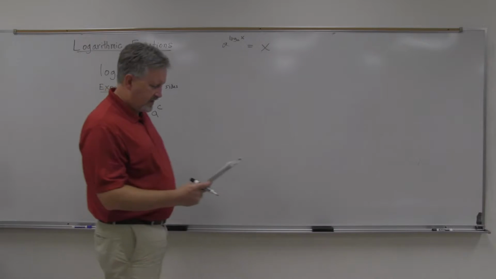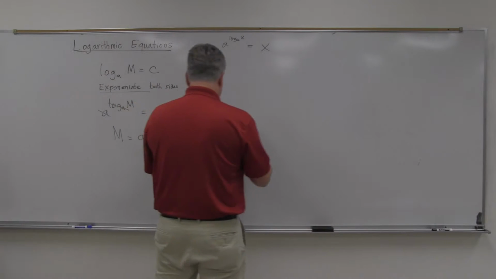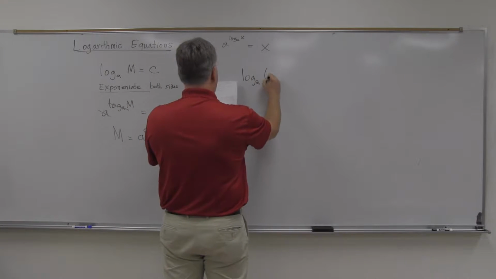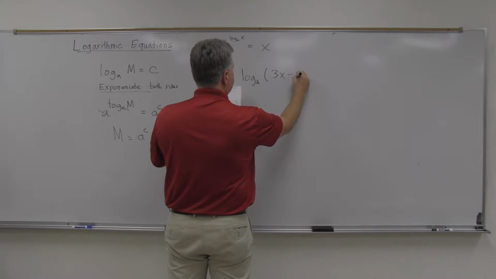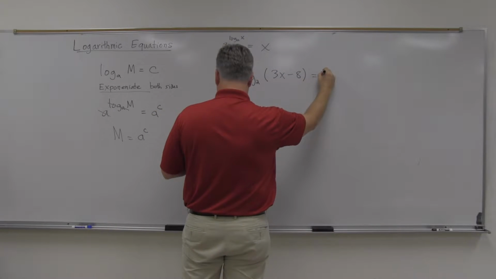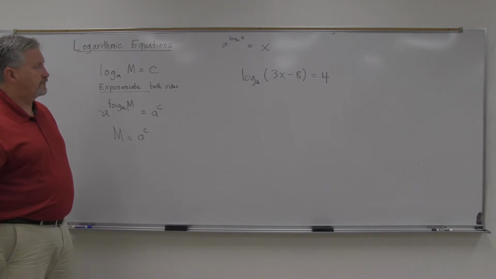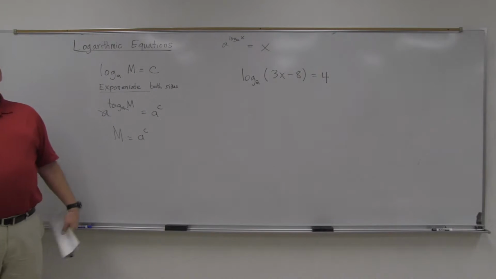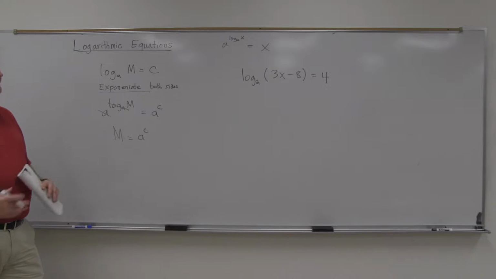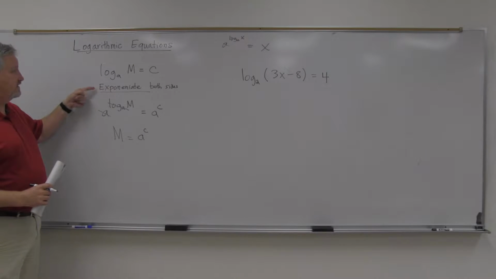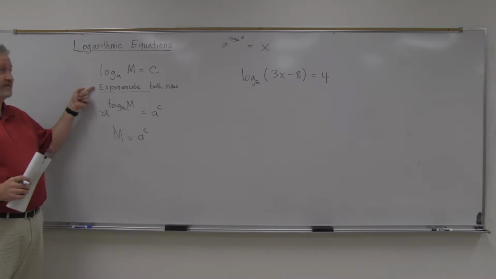All right, so how do we apply that? Say I have the log base 2 of 3x minus 8 equals 4. Log base 2 of 3x minus 8. So I'm trying to solve this for x. It's a log equation, and so typically this is the technique, exponentiate both sides.